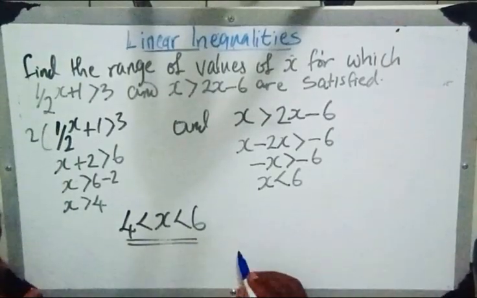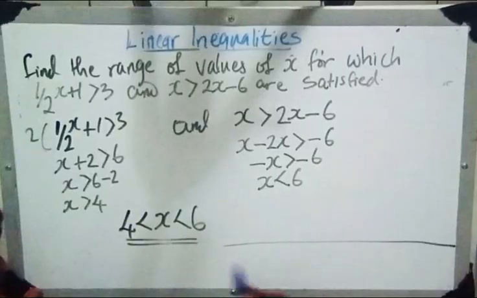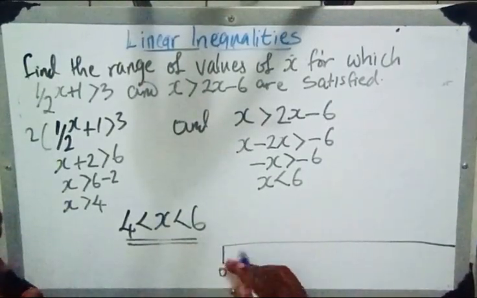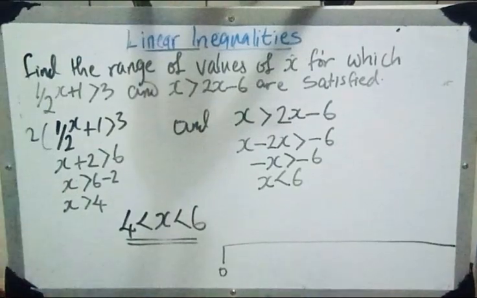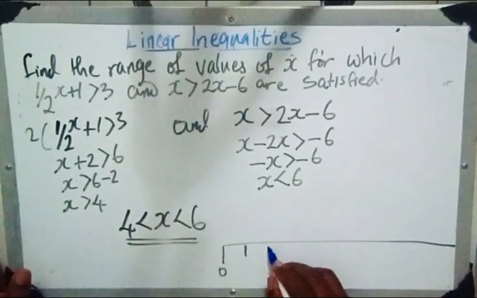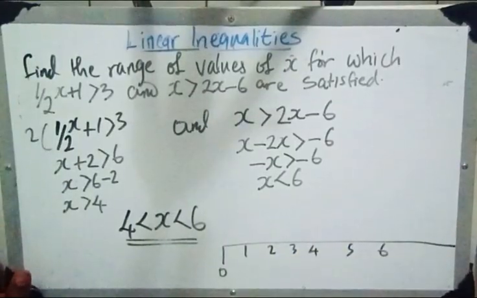Now, how would you represent this on a number line? Very easy. You can see these two numbers are on the positive side, right? So let's say we have our 0 here, then everything towards the left-hand side is negative. So here we have 1, 2, 3, 4, 5, 6, right?